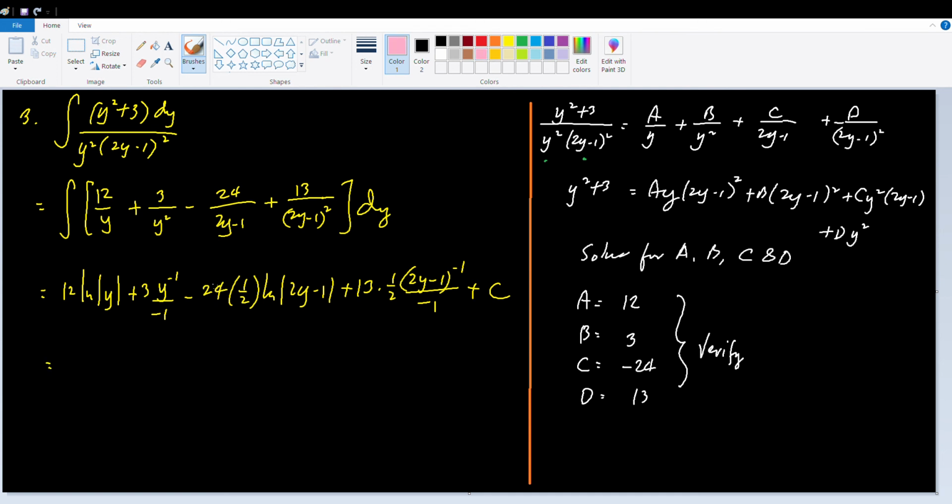So 24 over 2 is 12. We can combine the two ln's, factoring first the constant 12, then ln of y minus ln of 2y minus 1 will be equivalent to the ln of the quotient y over 2y minus 1.